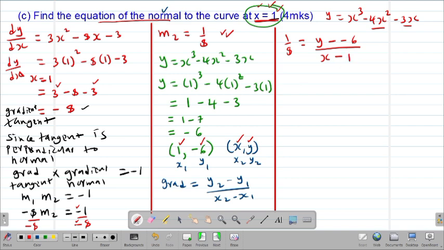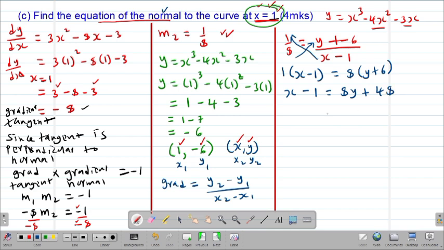But we know that negative multiplied by negative will give you a positive. So we're going to do a cross multiplication. So this one multiplies with that and this one with that. So I'll have 1 into x minus 1 equal to 8 into y plus 6. So this will be x minus 1 equal to 8y, then of course plus 8 multiplied by 6, which gives 48.